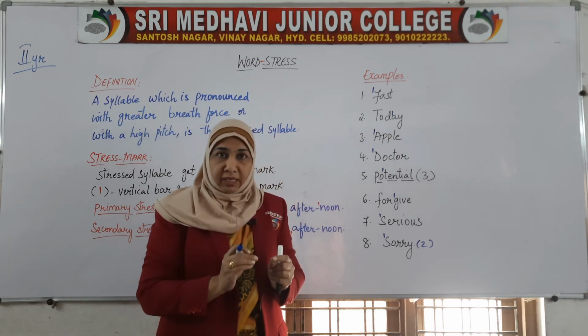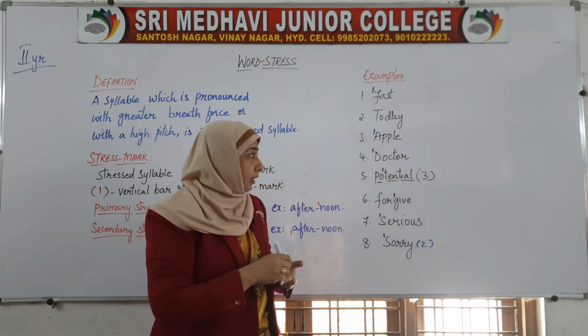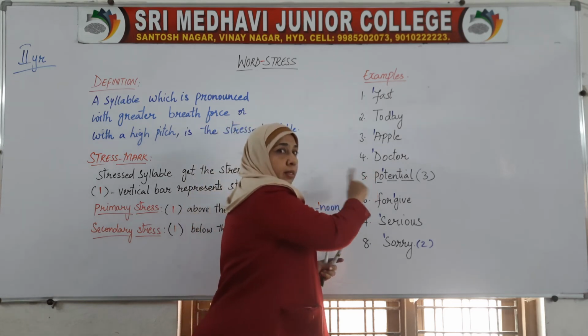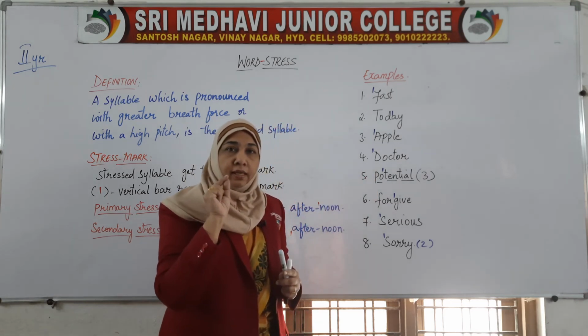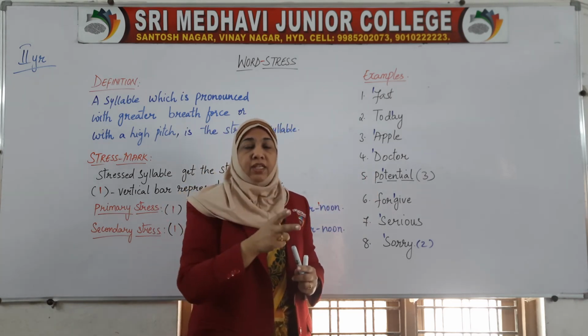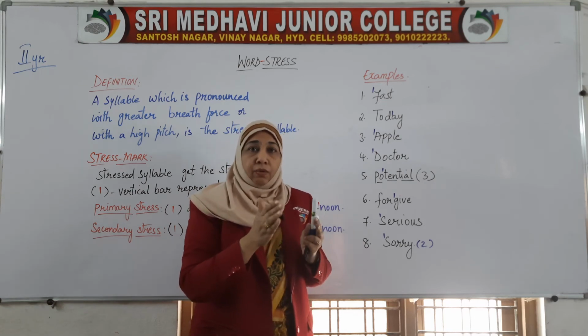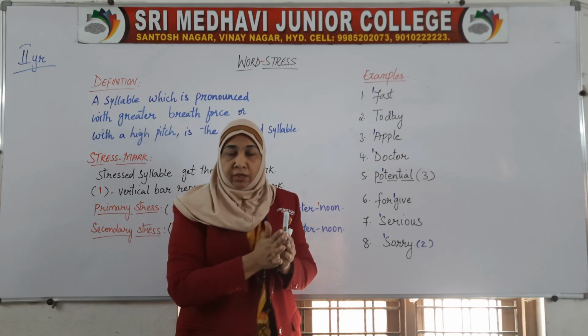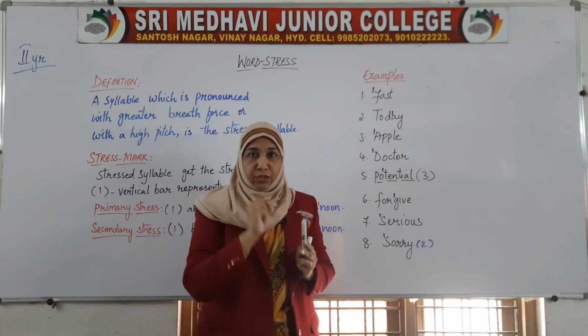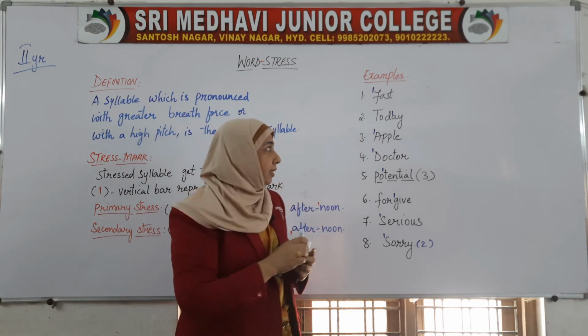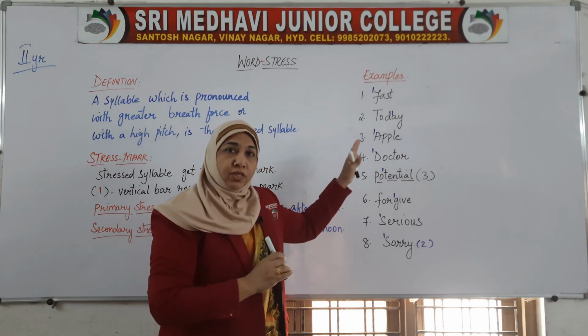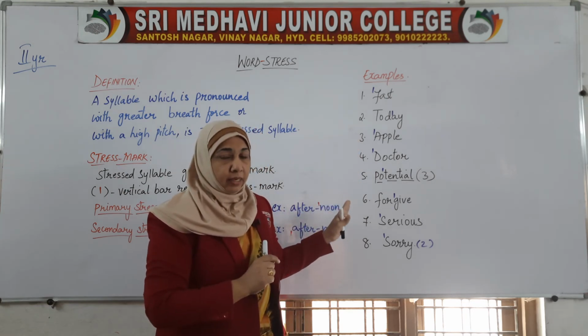Primary stress means it should be just above the syllable which is pronounced in a stressed way, with a high pitch or with more breath force. That is actually your primary syllable.